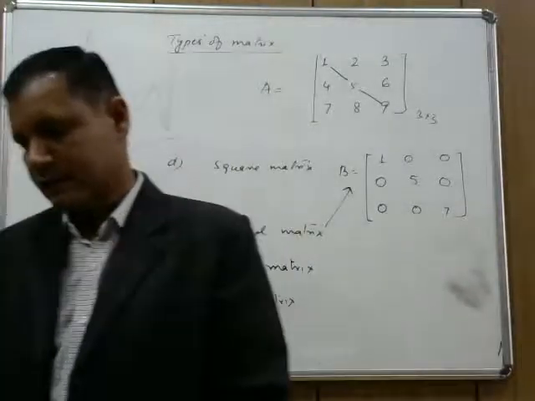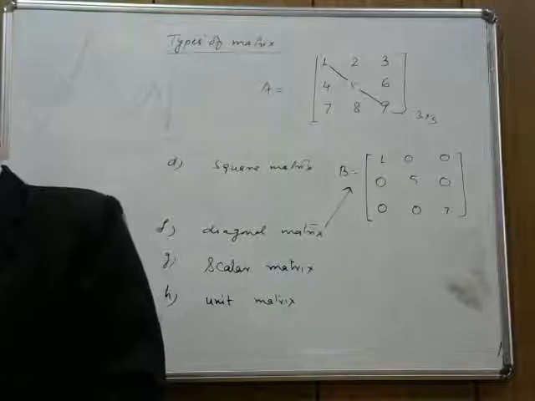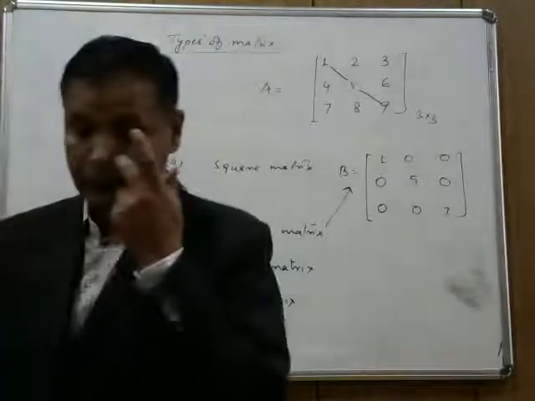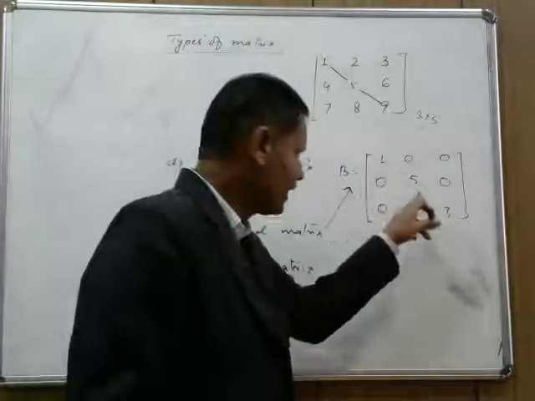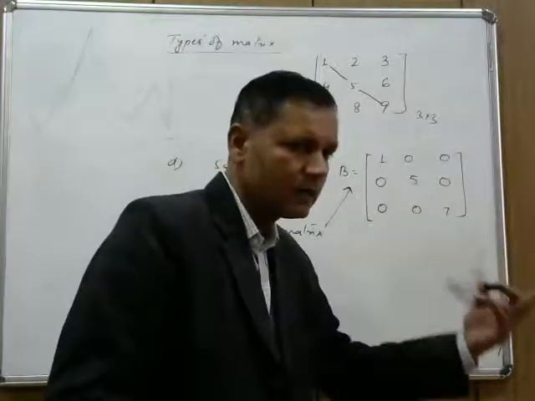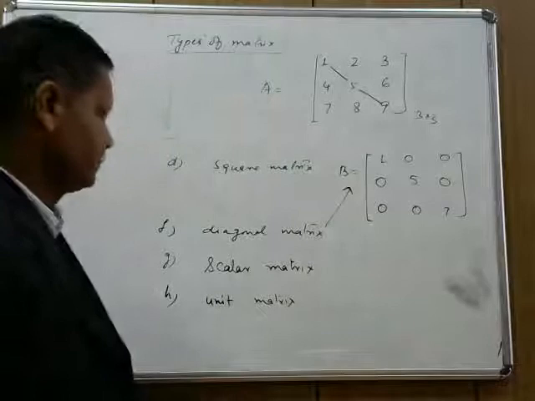That means I can say that the diagonal elements are not equal also, because when all the diagonal elements are equal, it will have some other name which I will discuss right now.